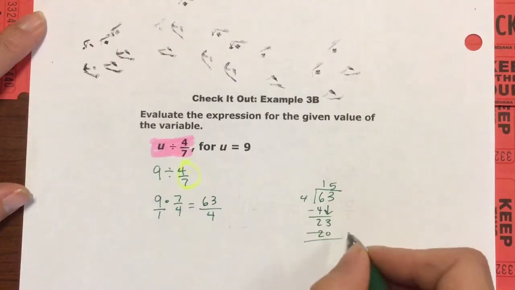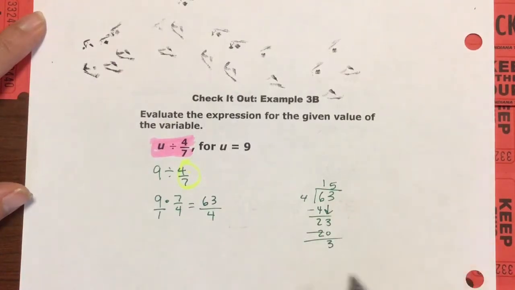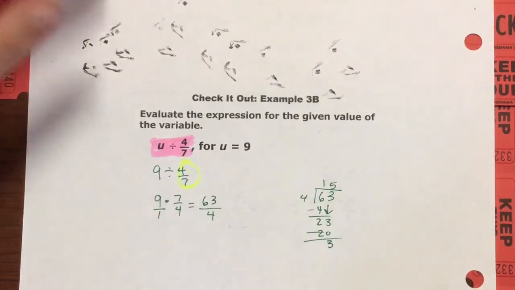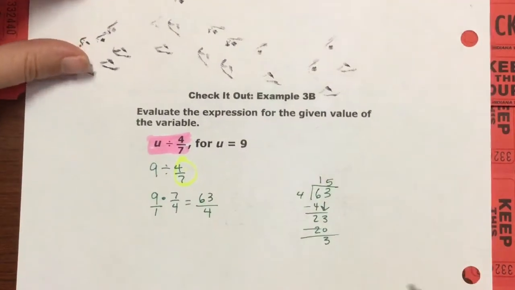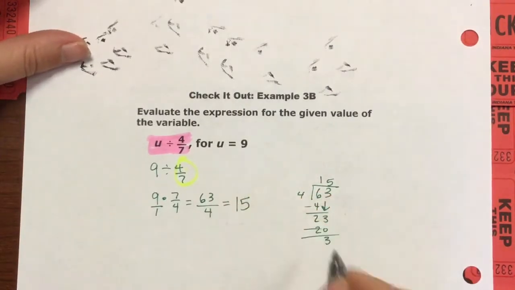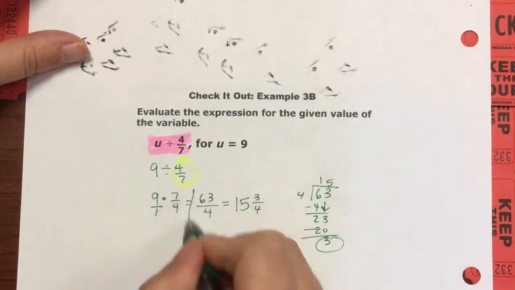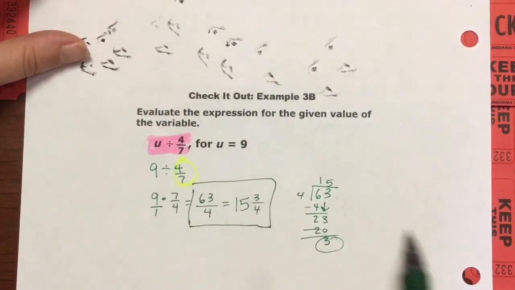And this is the cool thing: 23 minus 20 is 3. And that really tells us what our remainder is. Our remainder is 3. So 4 goes into 63 15 times with a remainder of 3, so the answer is 15 and 3/4. And there we go. There's our nice, nifty answer.